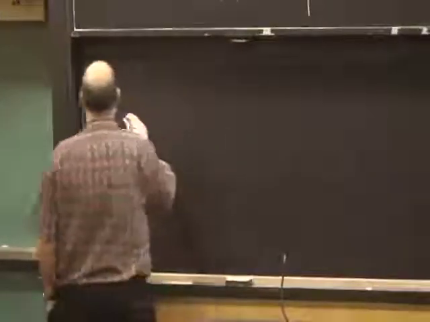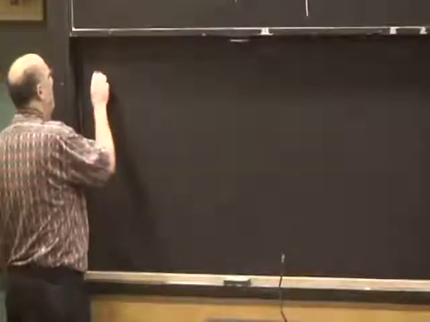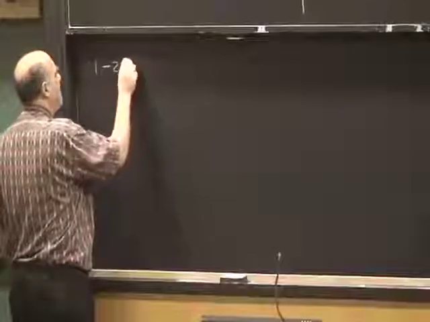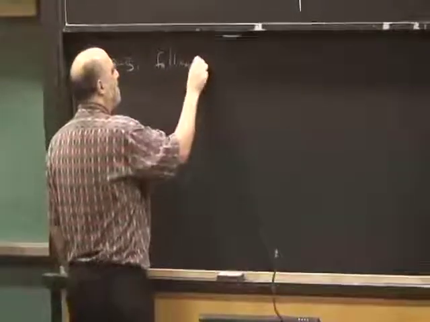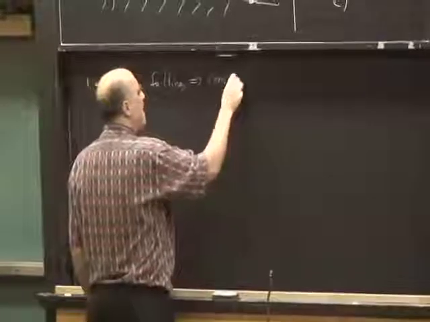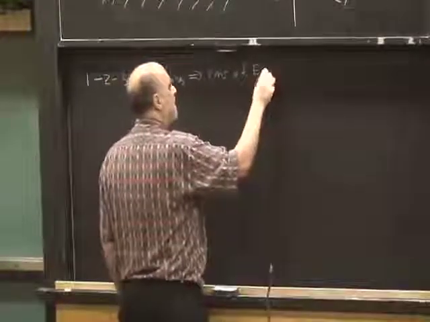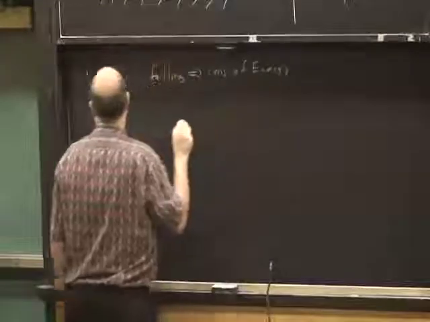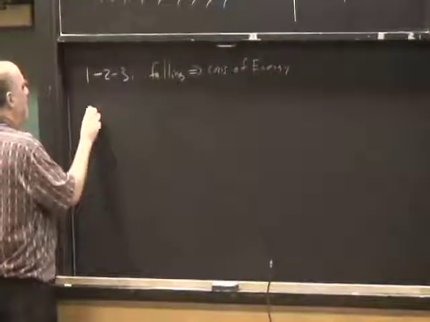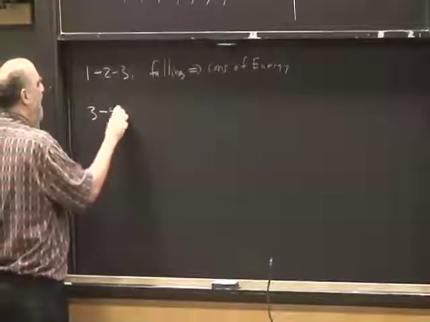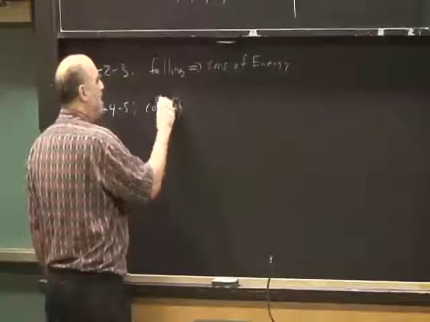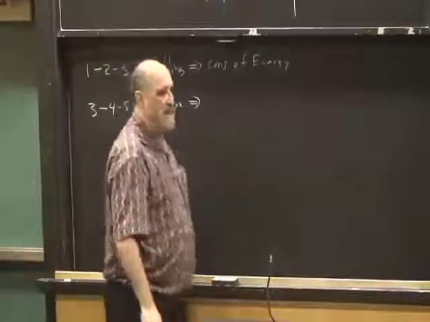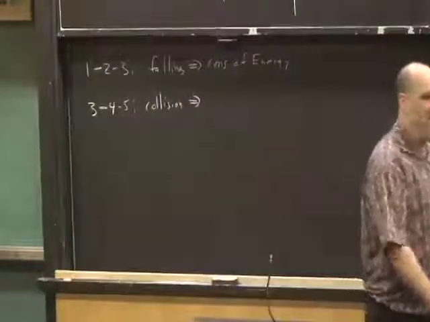So what we're going to have is these three processes. From 1 to 2 to 3, we have falling, and in this falling process, we're going to have conservation of energy. Then we have 3 to 4 to 5, which is this collision. And in this collision, we have one giant force at that right-hand corner. And I'll draw the collisional free body diagram.